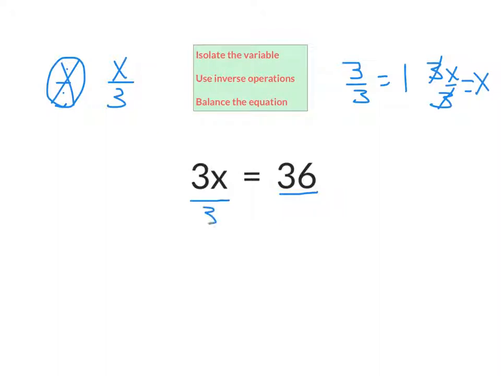So I divide both sides of my equation by 3. I can now cancel the 3's out from the side of the equation with the variable, leaving me with just x or 1x. And then 36 divided by 3 is 12. So my solution to this equation is x = 12.